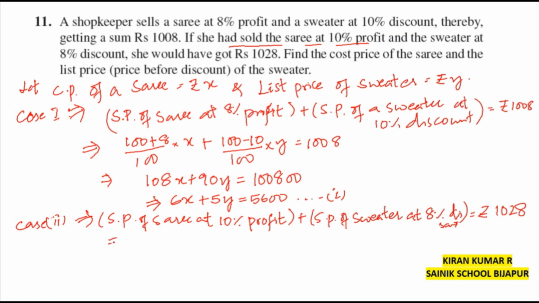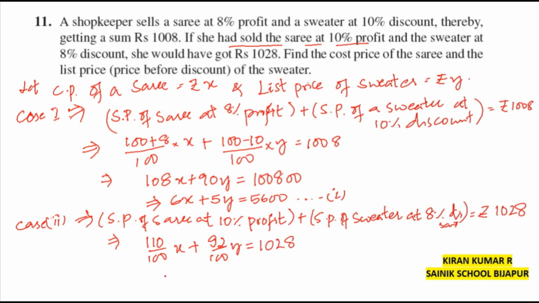So we'll use the same formula. SP is equal to CP multiplied by 100 plus profit percent upon 100. If you use that, it becomes 110 upon 100 x plus, when 8% is the discount, you will be having 92 upon 100 y equal to 1028.